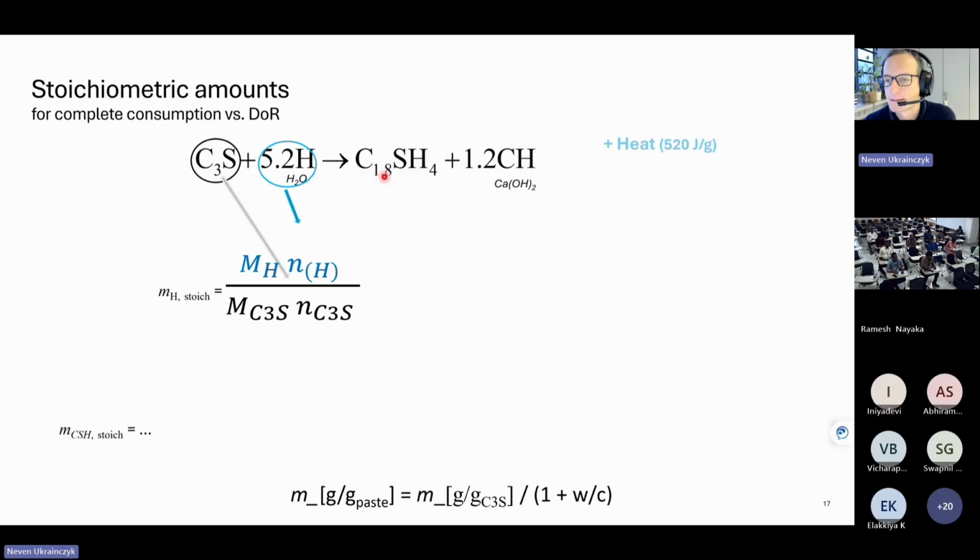When you define it, you can also balance the reaction, and then you know that you need to have 1.2 portlandite here, because when you sum 1.2 and 1.8, you have to get 3. So here you have 3 calciums, and on the right hand side you also should have 3 calciums. When you define 1.8, that means this stoichiometric coefficient is 3 minus 1.8, so it's 1.2. So this is how you balance the chemical reactions.